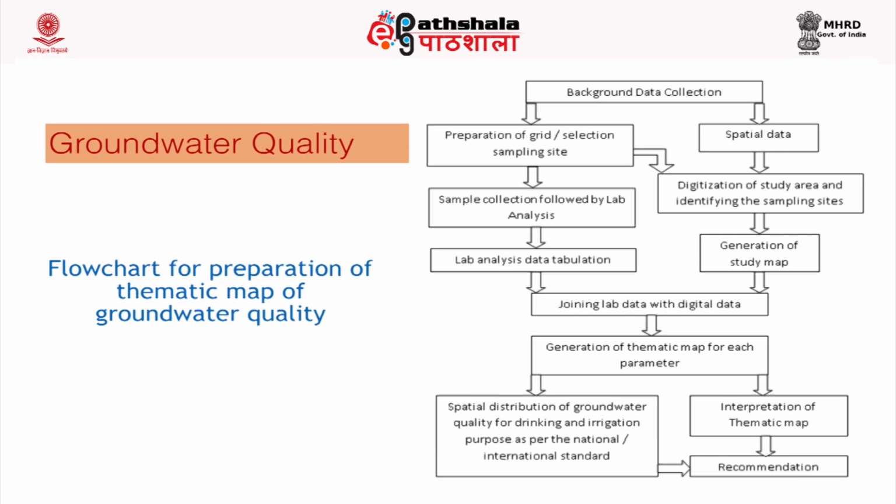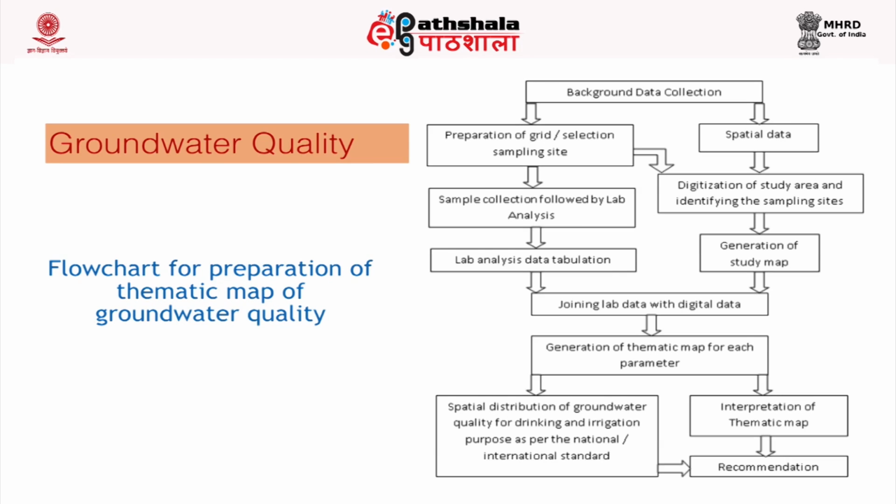Now the lab analysis data and study map both will be combined and digitized, and from this data we will generate a thematic map for each chemical parameter. Based on the thematic map, we will see the spatial distribution of groundwater quality for drinking and irrigation purpose based on the national and international standards.